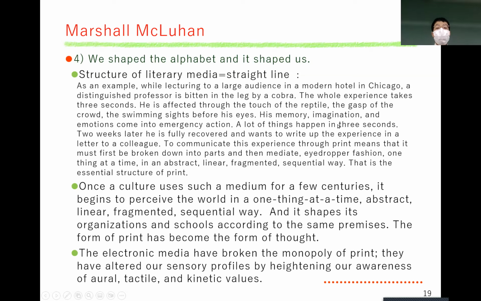A lot of things happen in 3 seconds. 2 weeks later, he is fully recovered, and wants to write up the experience in a letter to a colleague. To communicate this experience through print means that it must first be broken down into parts and then mediated, eyedropper fashion, one thing at a time, in an abstract, linear, fragmented, and sequential way. That is the essential structure of print.